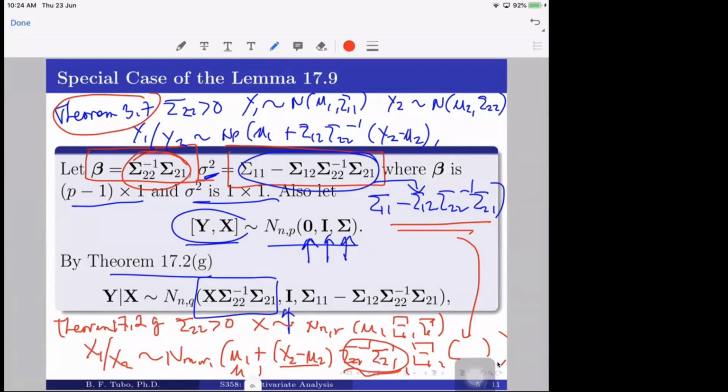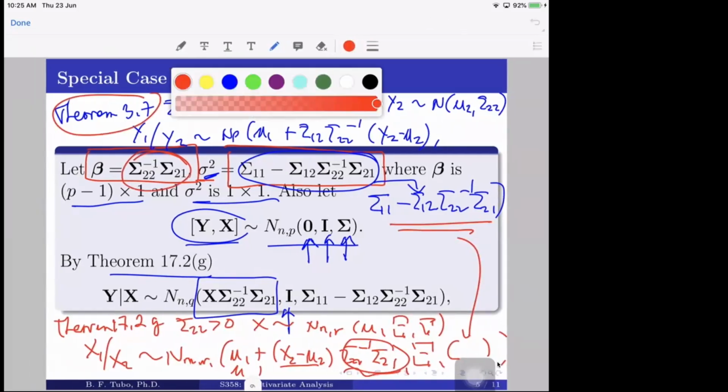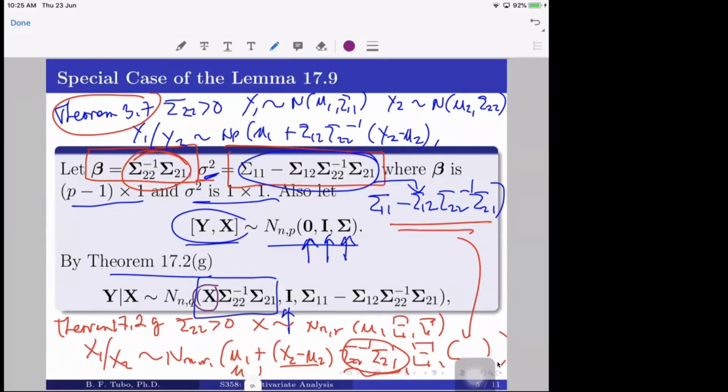So this component here of x stays as is. Since mu there is just 0, it cancels.